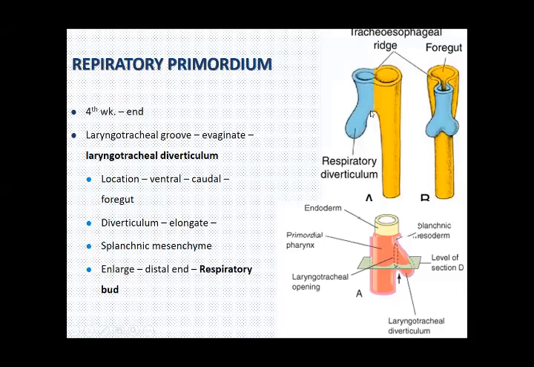This evagination is called respiratory diverticulum या laryngotracheal diverticulum. This from the anterior wall या ventral wall of the laryngotracheal groove. जो यहाँ पे ग्रूव था उससे ये इवैजिनेशन अराइज की है.